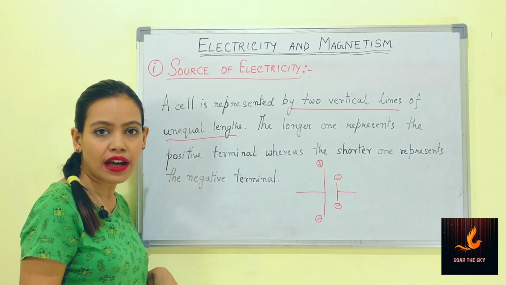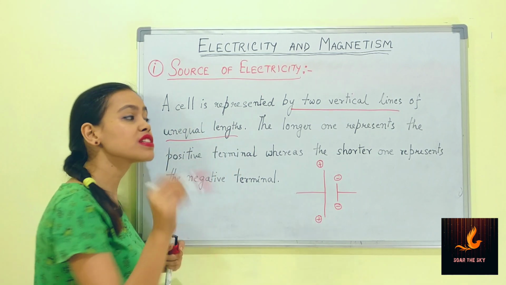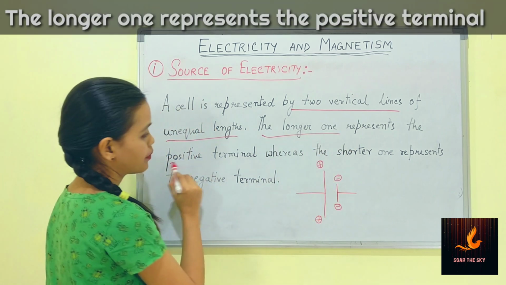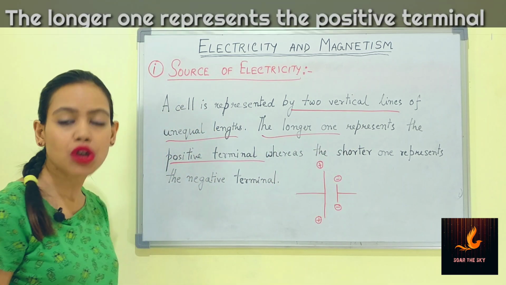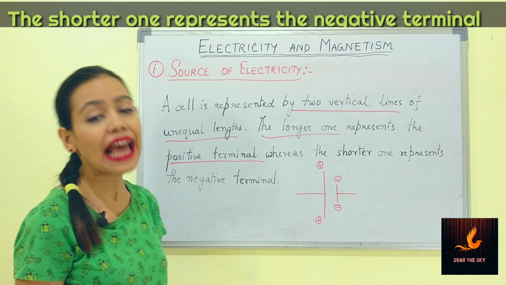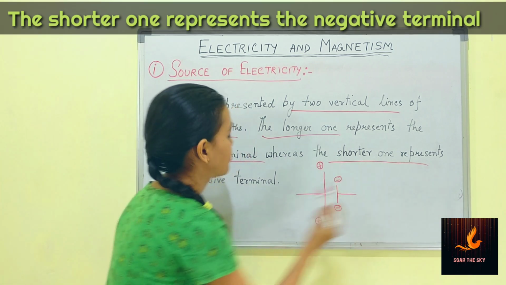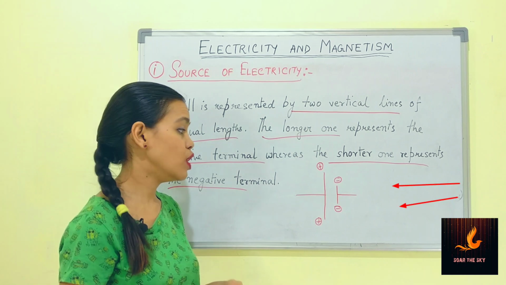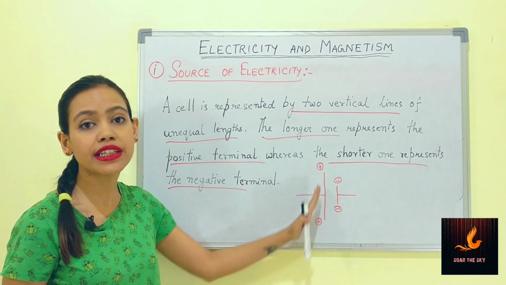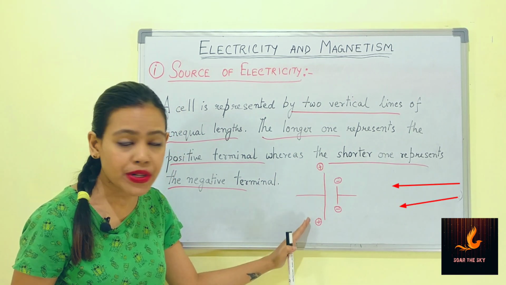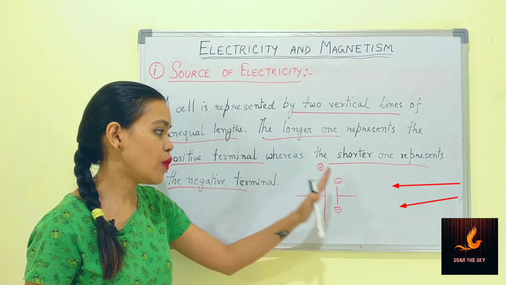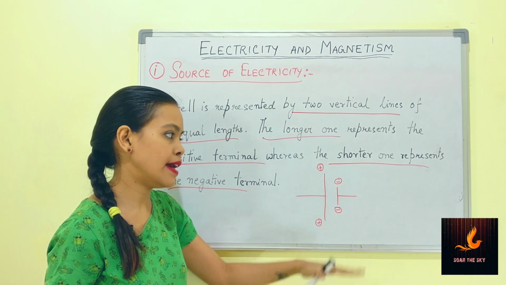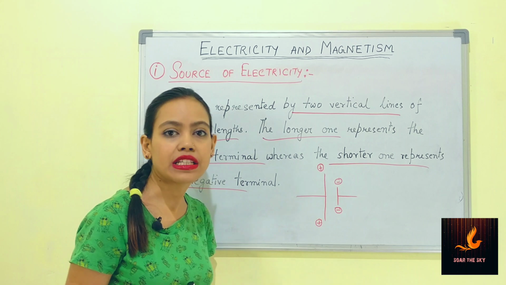The longer one represents the positive terminal of the cell, whereas the shorter one represents the negative terminal of the cell. This is what the symbol of a cell looks like.